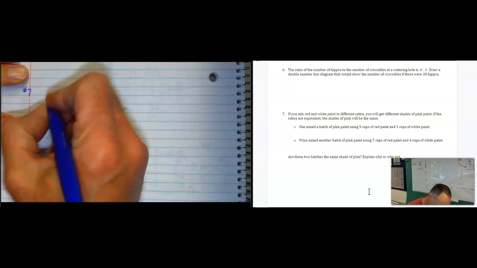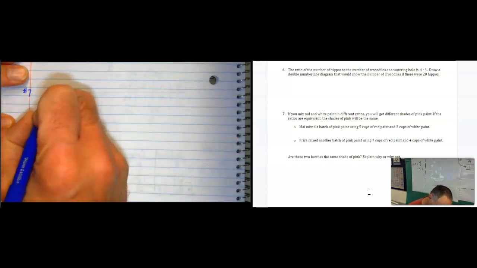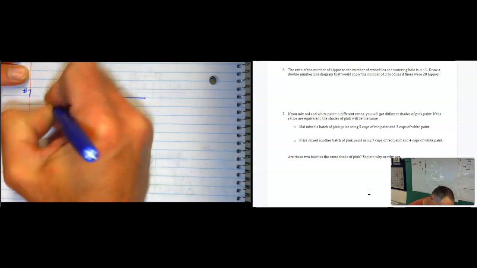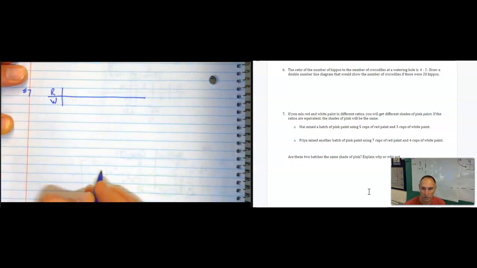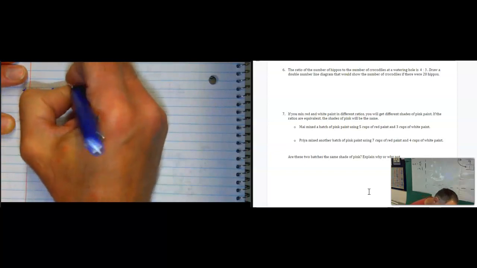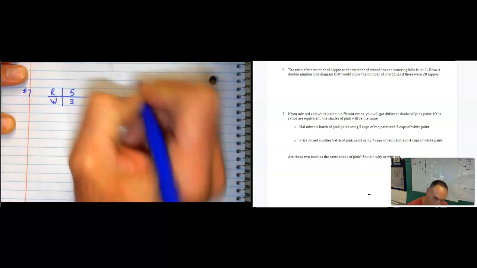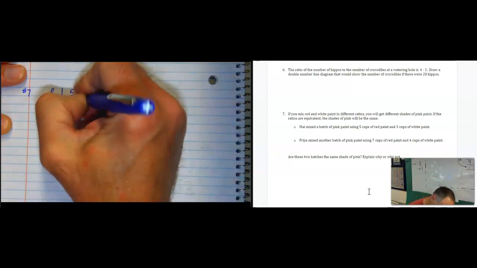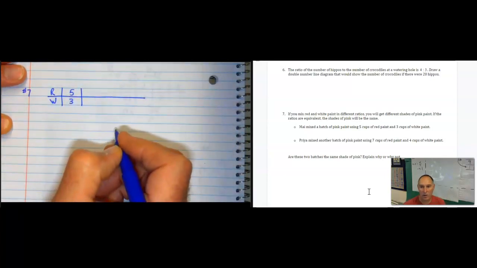So if I do it like this, I'm just going to set up one ratio table here, okay? And I'm going to do red and white. Those are my two colors, right? And let's just start with my 5 to 3. That's my ratio, 5 to 3. And I can do a couple of different things.